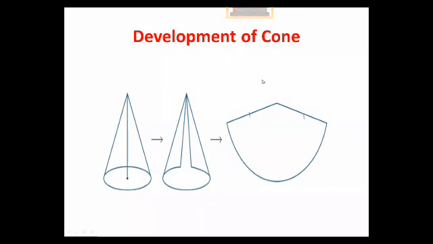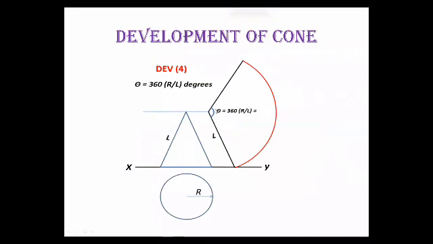Now see the procedure. We know that the front view and top view of a cone are a triangle and a circle respectively. In the front view, we get the triangle, and in the top view, we get the circle.